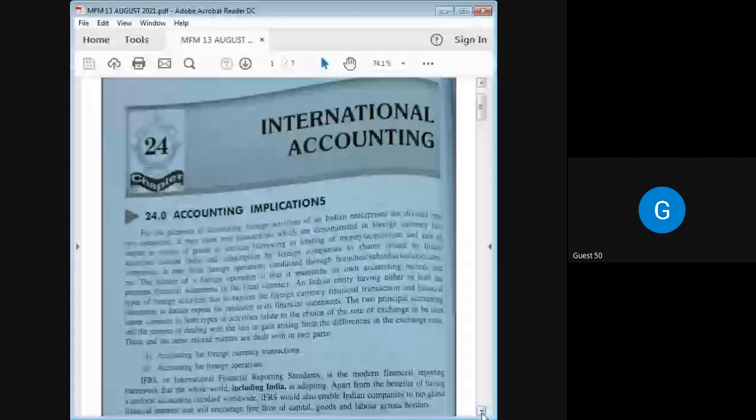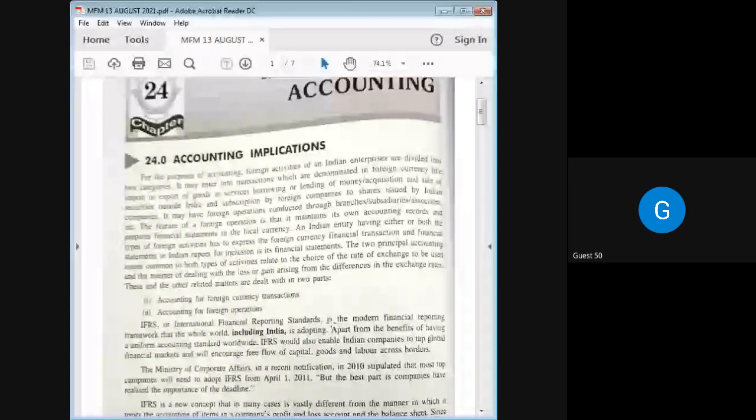Okay. So for the purpose of accounting, foreign activities of an Indian enterprise are divided into two categories. It may enter into transactions which are denominated in foreign currency. Students, we all know that when we record the transactions of a business in the book of account, we mainly record their amount.